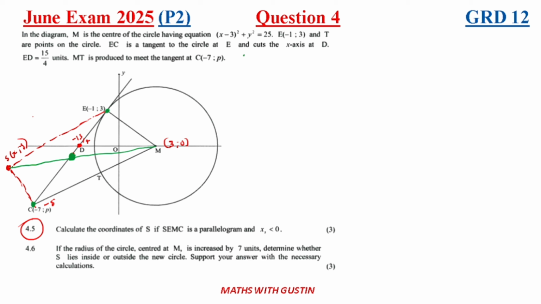So now we're going to come here, 4.5. Here's the midpoint. We're looking for the midpoint between EC, or CE rather, it's fine.